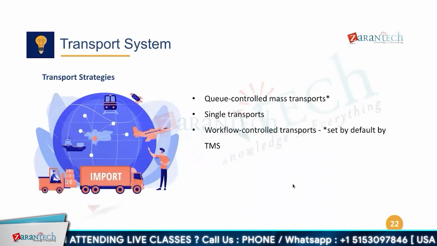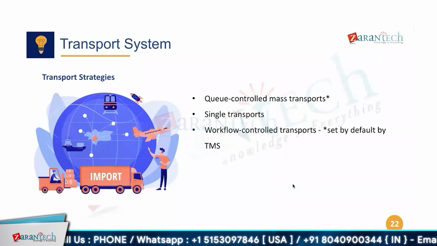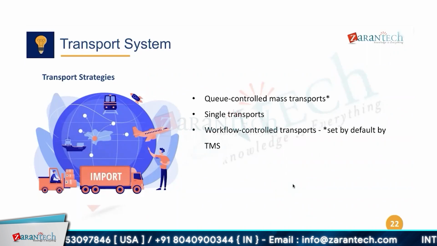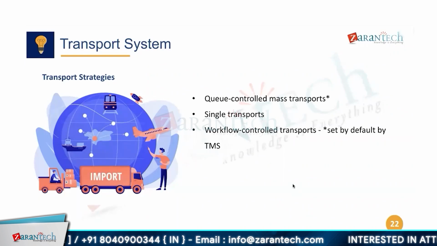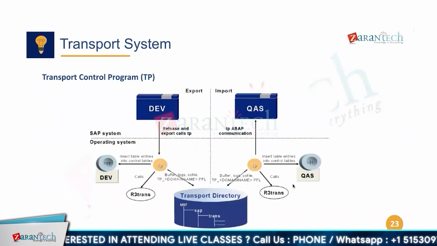Workflow control is set by default by STMS. So queue controlled mass transports, this is what SAP follows. I mean, when they have 10,000, 30,000 transports to go, and then single transports, one by one we do. Workflow control is set by default by STMS. These are the strategies people will follow.